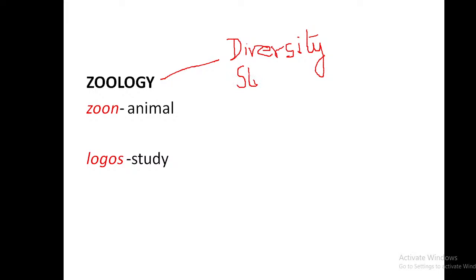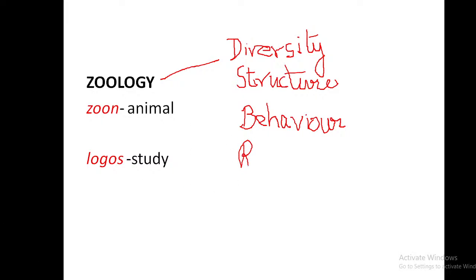It deals with the diversity, structure, behavior of organisms, reproduction, development, and then distribution.